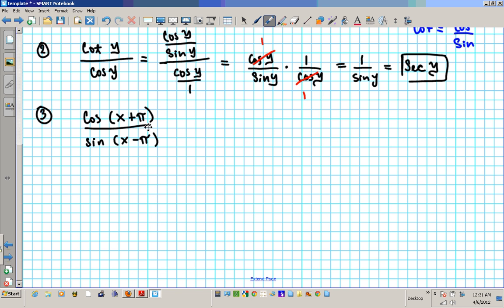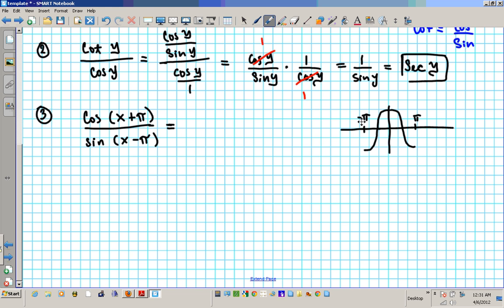You just need to remember that if you add pi to the cosine function, all you're doing is shifting it by half a period. So let's say this is your cosine function, and this is pi right here. If you go in the other direction, it's negative pi.